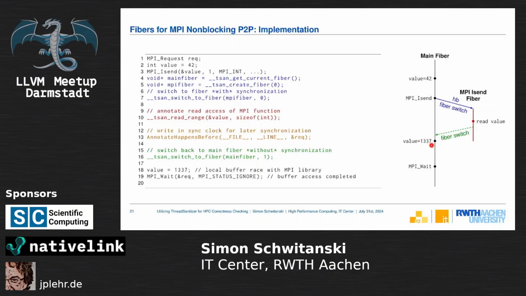And this will then lead, of course, to a race because there is no happens-before relation between the read and the value. And what is important is, of course, in the end, when we have called the MPI wait, we have to ensure that everything that happens after the wait is not in conflict. That means everything that is after the MPI wait does not lead to a race, and therefore we have this annotate happens after.